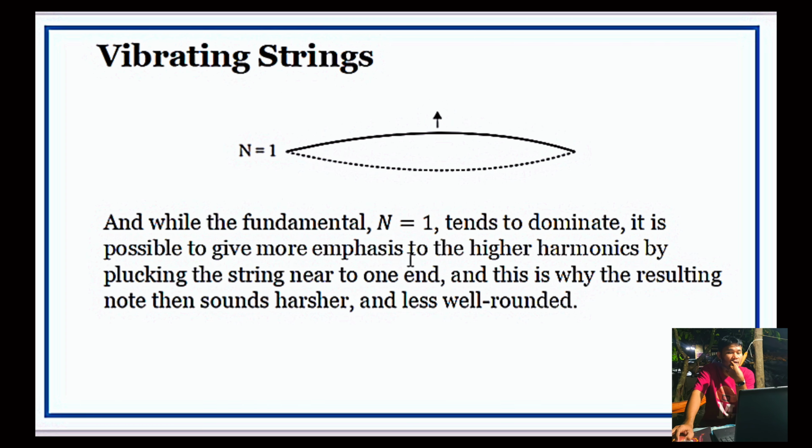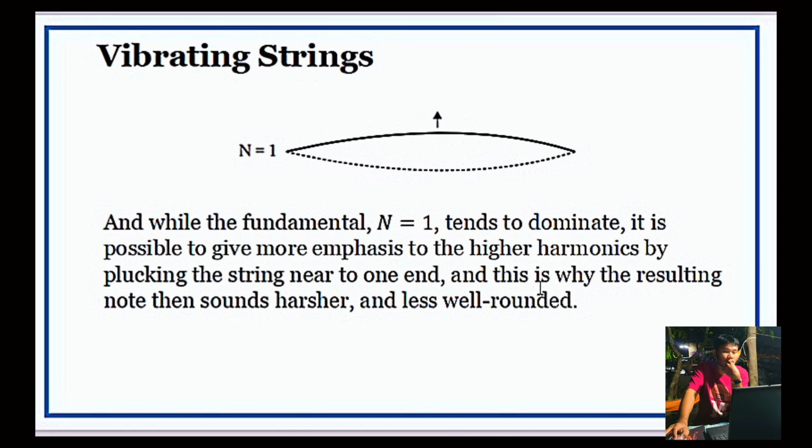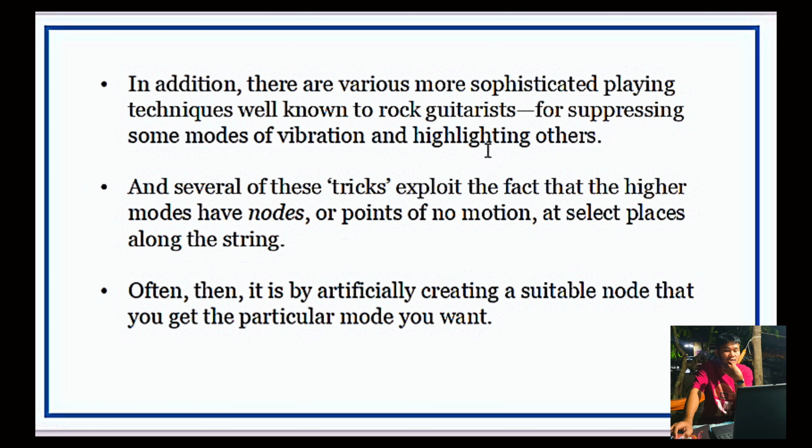And while the fundamental, n equals 1, tends to dominate, it is possible to give more emphasis to the higher harmonics by plucking the string near to an end. This is why the resulting note then sounds harsher and less well-rounded. In addition, there are various more sophisticated playing techniques, well known to rock guitarists, for suppressing some modes of vibration and highlighting others.